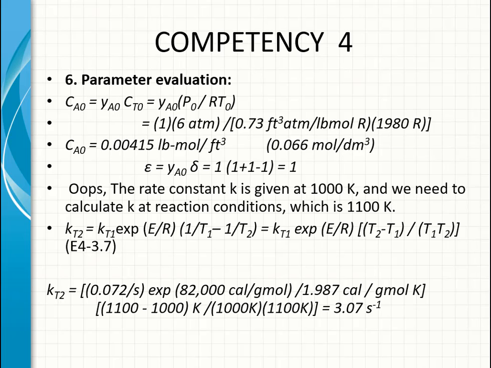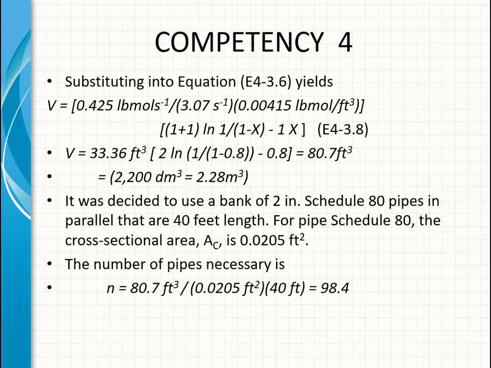So this is k at temperature T1 times exponential of E divided by R times T2 minus T1 divided by T1 T2. If we substitute all the values for these constants and parameters, at the end we will have that k at T2 is equal to 3.07 seconds to the minus 1.